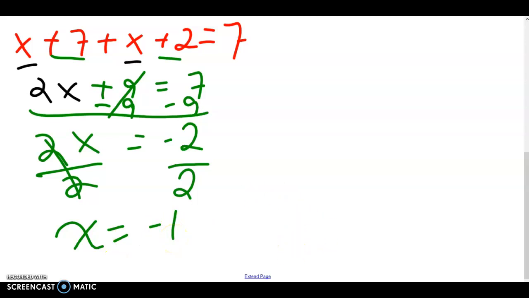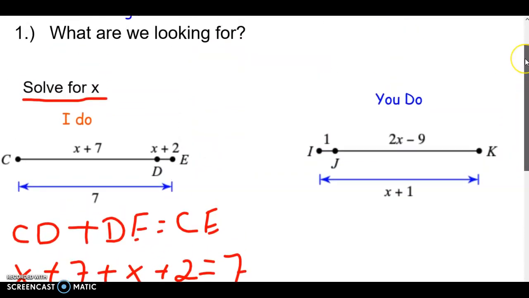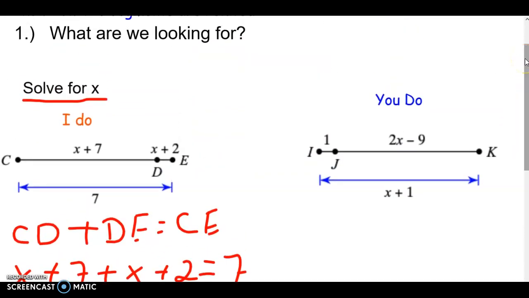Now, I always want to check my answer to see if that makes sense, if x is negative 1. So let's come back up here, and I'll pull that back down so you can see it in a minute. If x is negative 1, then negative 1 plus 7 is 6, and negative 1 plus 2 is 1.